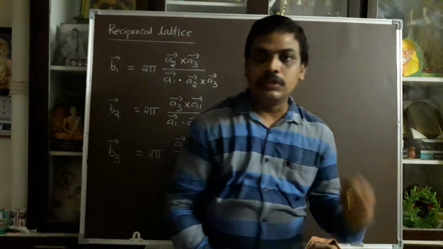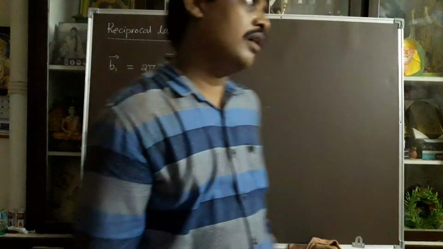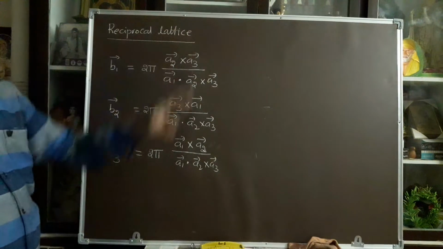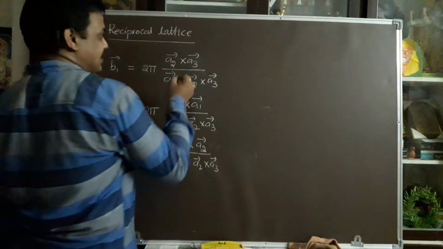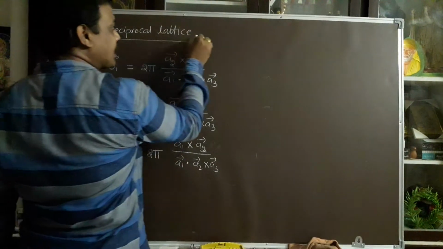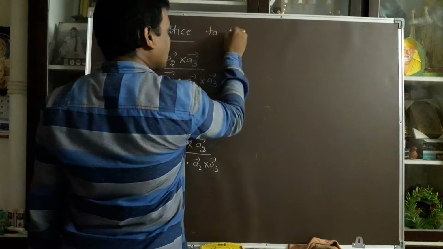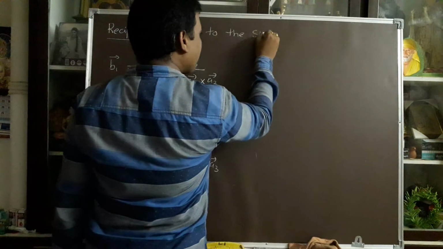Based on that, we are explaining the reciprocal lattice of different structures. The first structure is the reciprocal lattice to the simple cubic structure.